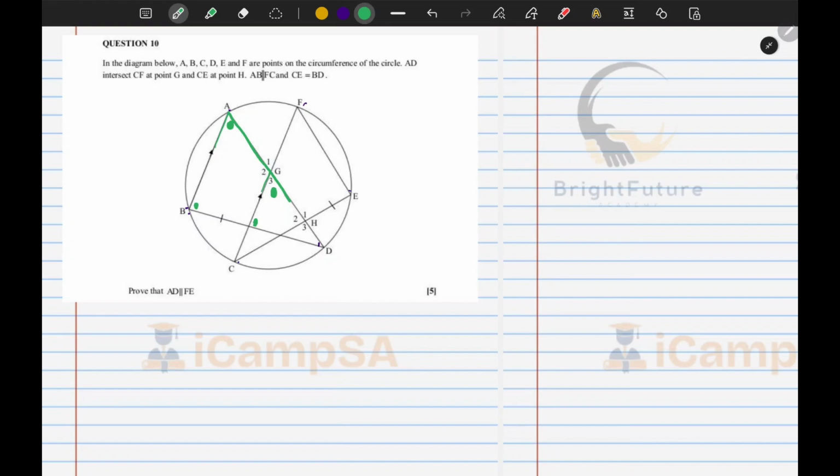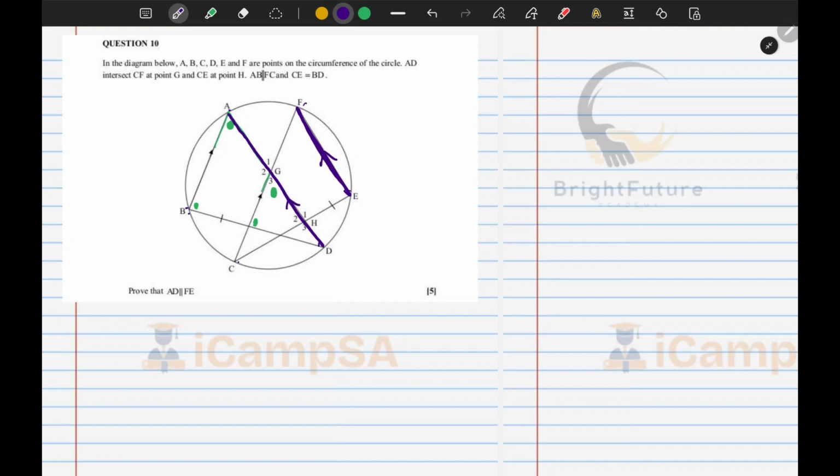So we need to prove that this line AD is parallel to this one.